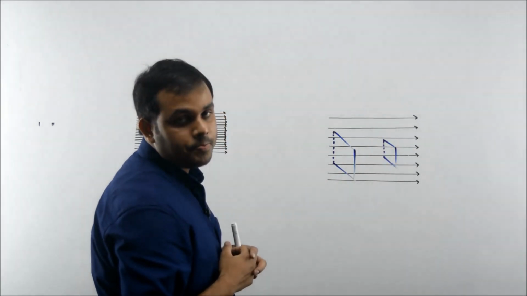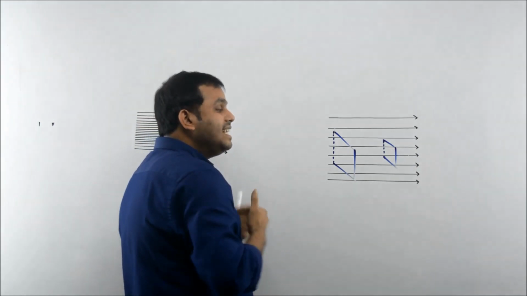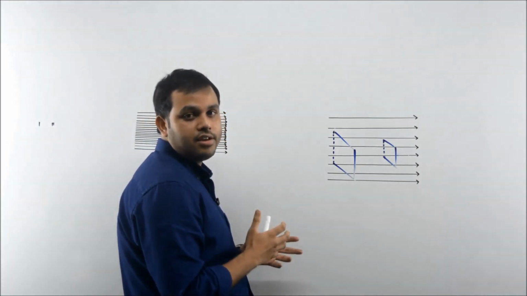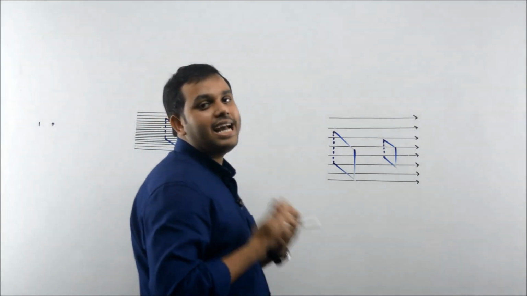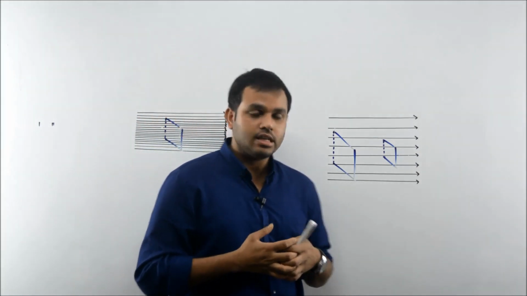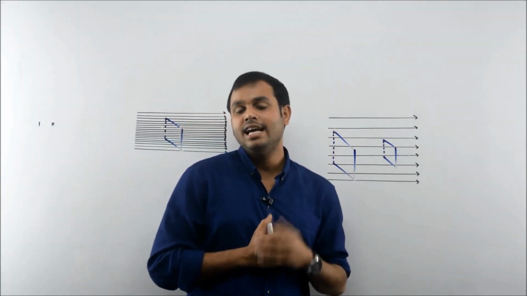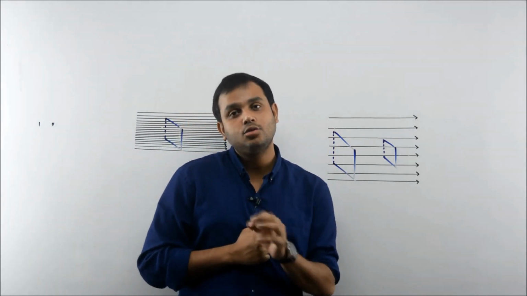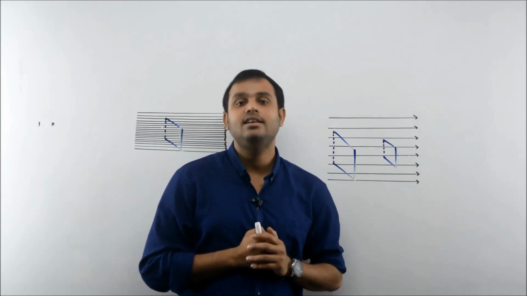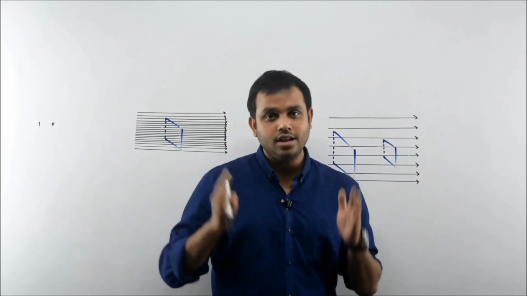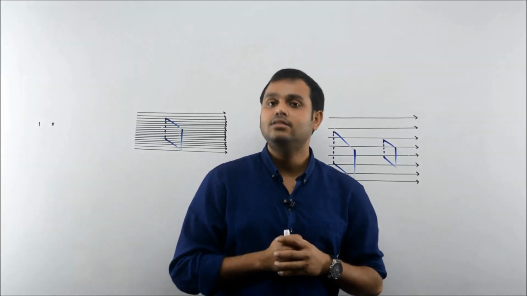That means greater the area of the surface, more will be the electric flux through that surface. That means electric flux through a surface depends on the area of that surface.